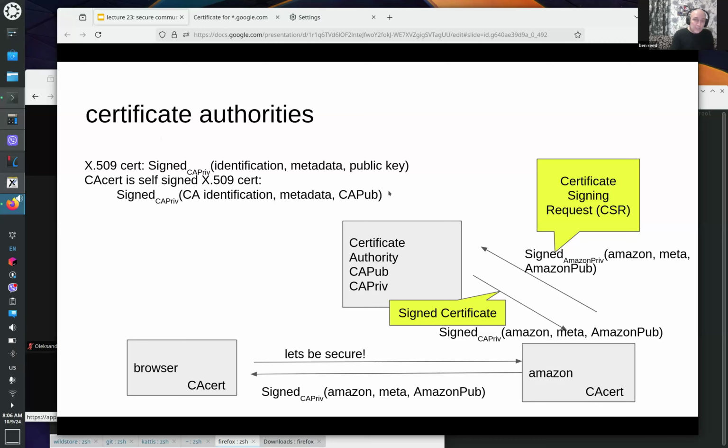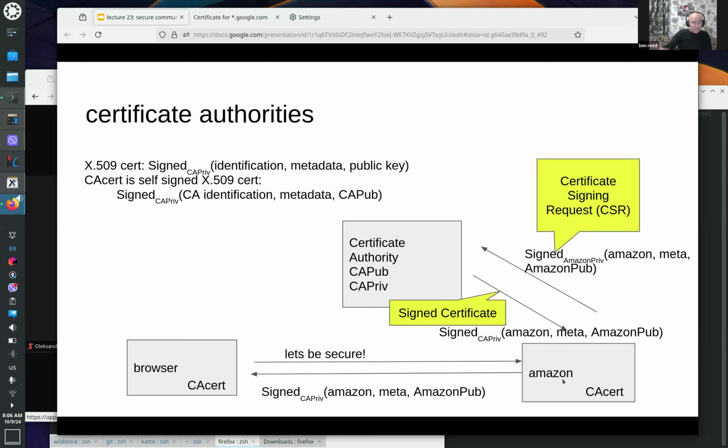So there is one tricky part of certificate authorities, which is verifying that the signing request really is coming from the person that they are going to certify belongs to that public key. But once the certificate authority is satisfied that this certificate signing request is valid, it's from the entity, the Amazon in this case, it will sign the certificate signing request and send it back to Amazon.